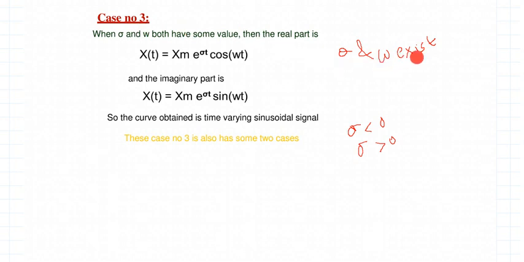To understand this case, we will further take this sigma and put it for two cases, when sigma is less than 0 and when sigma is greater than 0. What is the effect on the real part and on the imaginary part for these cases is what we will analyze. So we'll take the first case now.